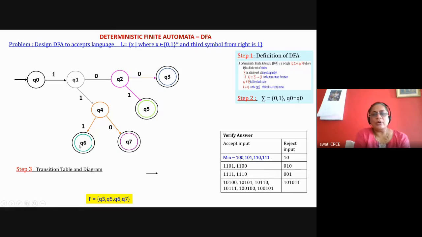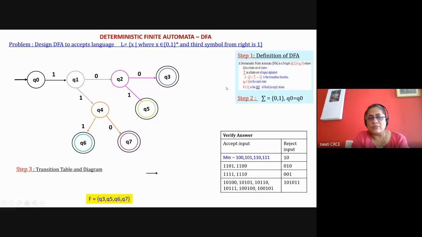This way I'm going to draw the diagrams. You can try, like for 110, having a single final state and joining 0 over here, but then it will not work for the strings.